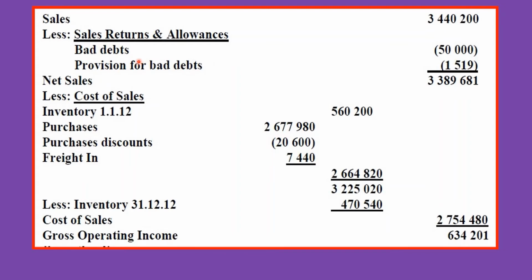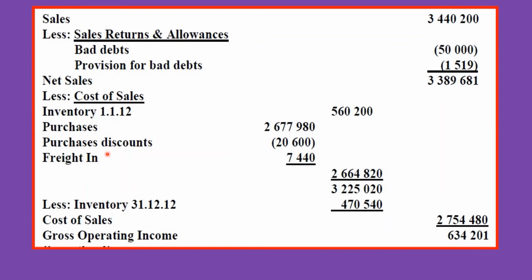Okay, so the provision for bad debts and the bad debts come out of the sales to get the net sales. From that, we less the cost of sales. We start with the inventory, and we have the purchases, and we do with the purchases similar to what we did with the sales.